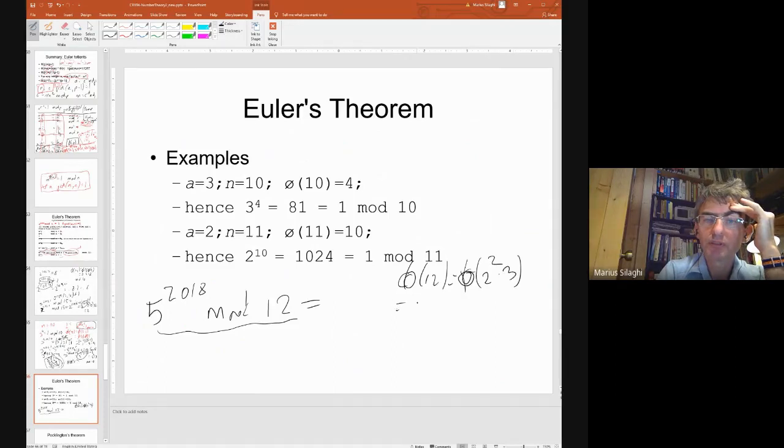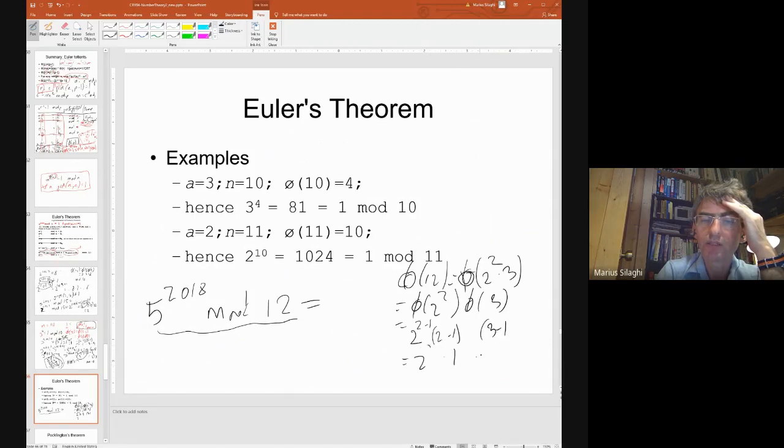Decompose it as Euler totient of 2 to the power 2 times Euler totient of 3, which is equal to 2 to the power 2 minus 2 to the power 1, times 3 minus 1, which is equal to 2 at power 1 times 1 times 2, which is equal to 4.